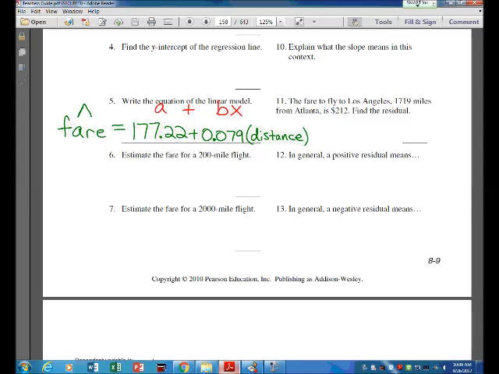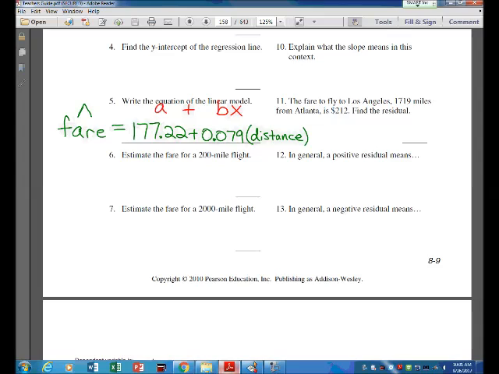Every additional mile, because the distance is measured in miles, so every time we add a mile in how far we fly from Atlanta to a city, we expect the price of this flight to go up by, and you'll see the slope is 8 cents. All right? So that is what we call explaining the slope in context.